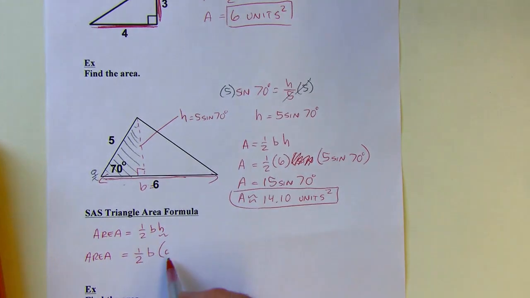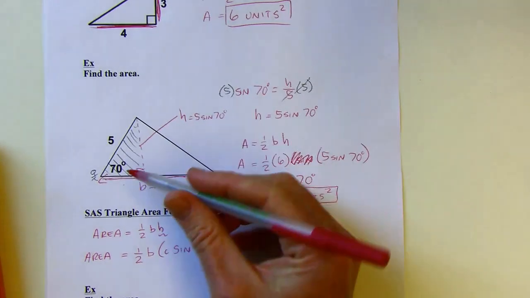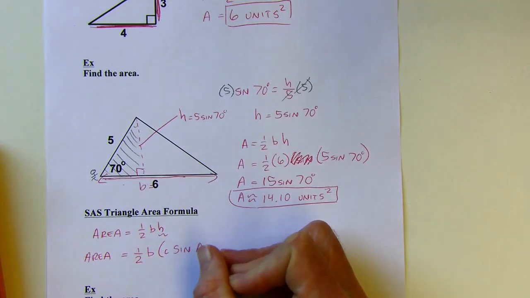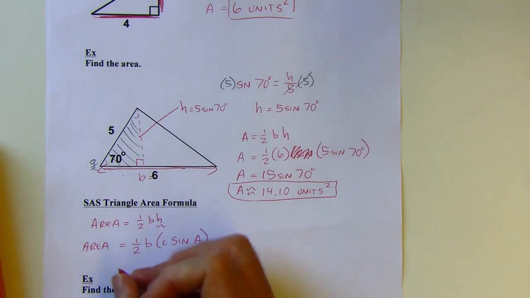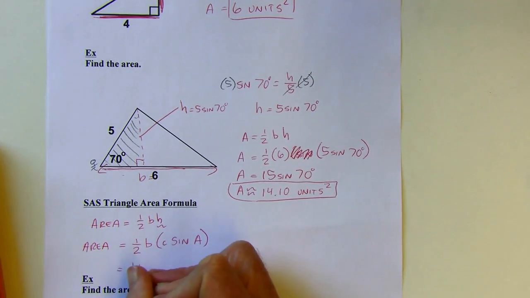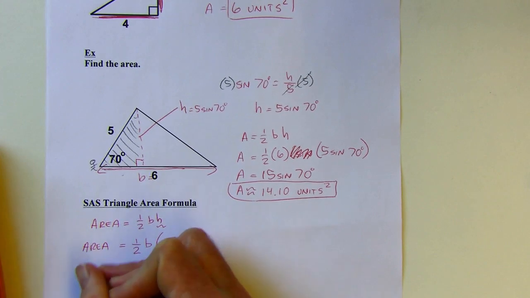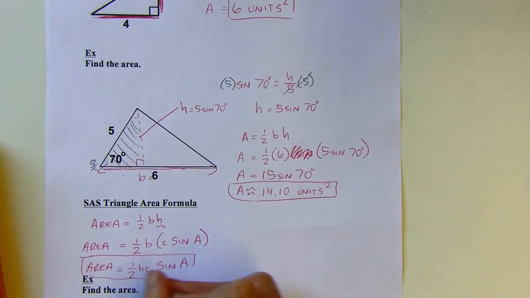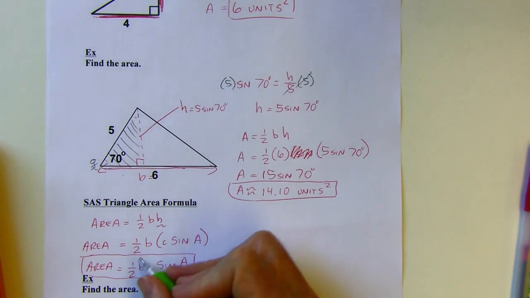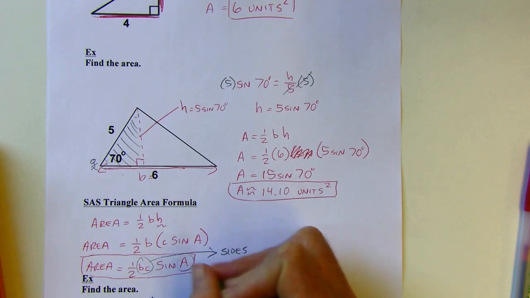It doesn't matter what variable you're using, but this is a lowercase c. And then it's the sine of the included angle, which I'll call angle A. So this is my formula. Usually we'll just write 1/2 lowercase b, lowercase c, times the sine of A. This is my SAS area formula. I just derived it. These are the sides, and this is the included angle.